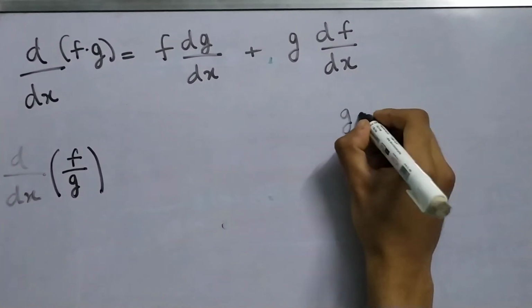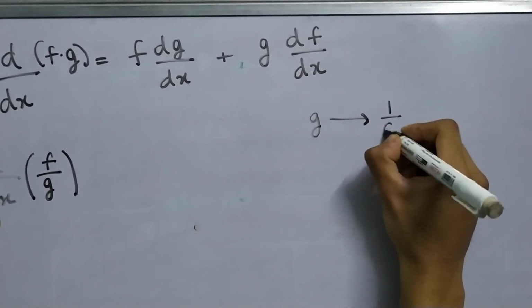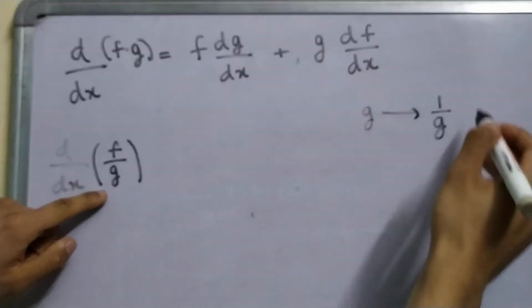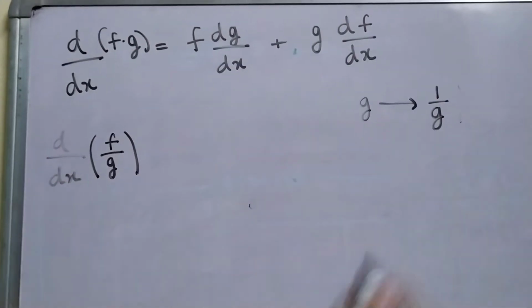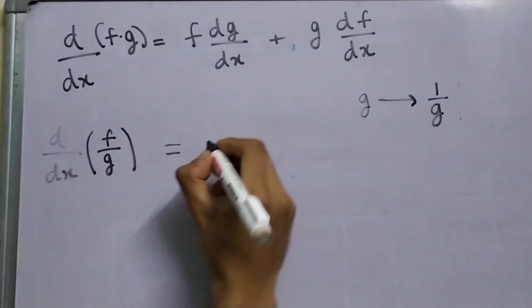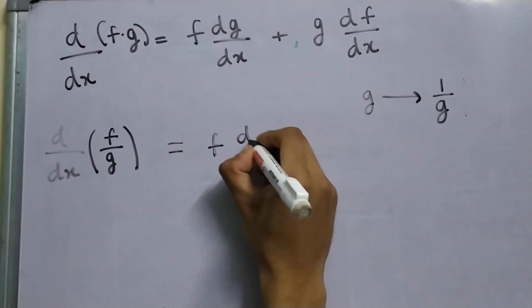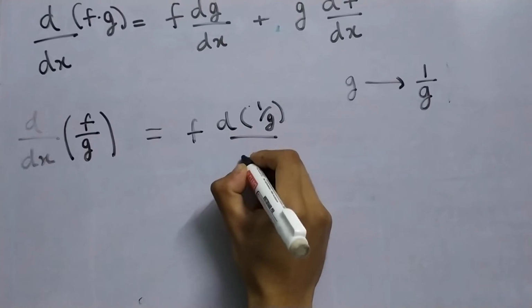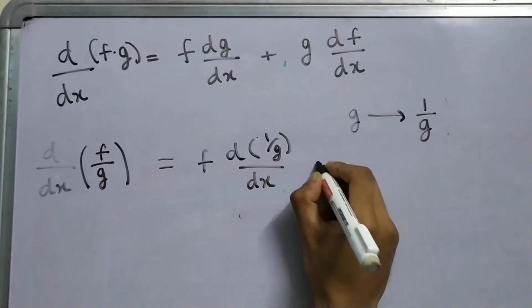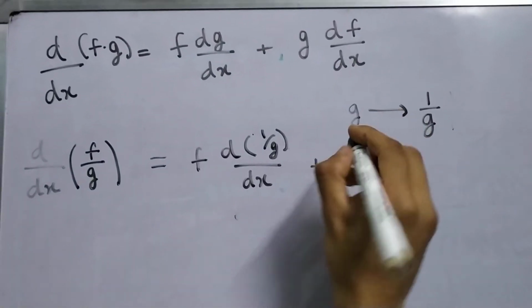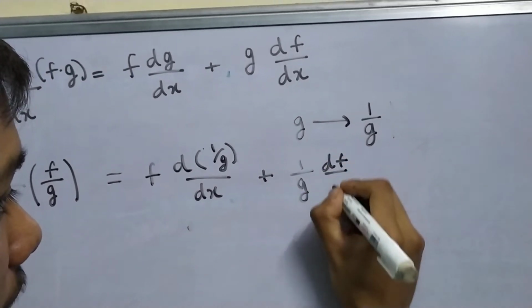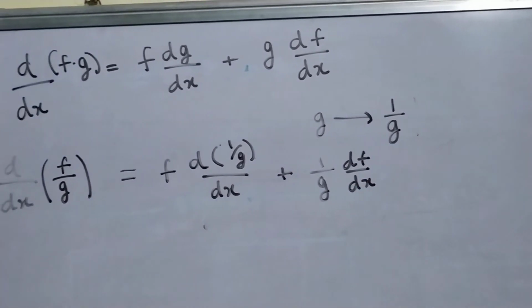You just have to replace g with 1 upon g. So f by g is just f into 1 by g, and then you can use the product rule. So we have f times d of 1 by g with respect to x, plus, replacing g with 1 by g, 1 by g times df by dx.